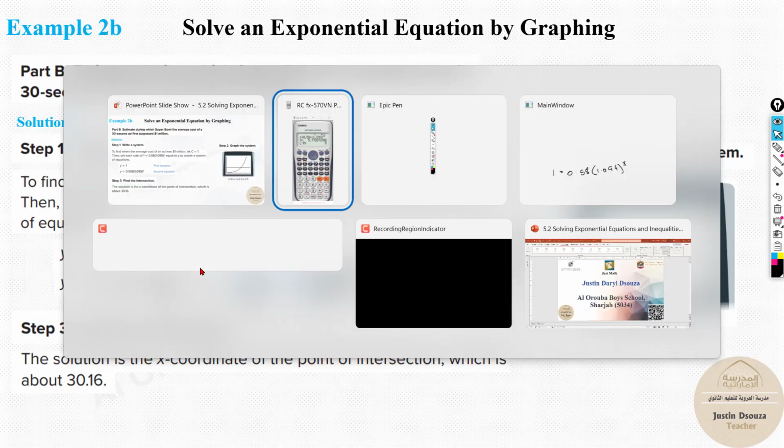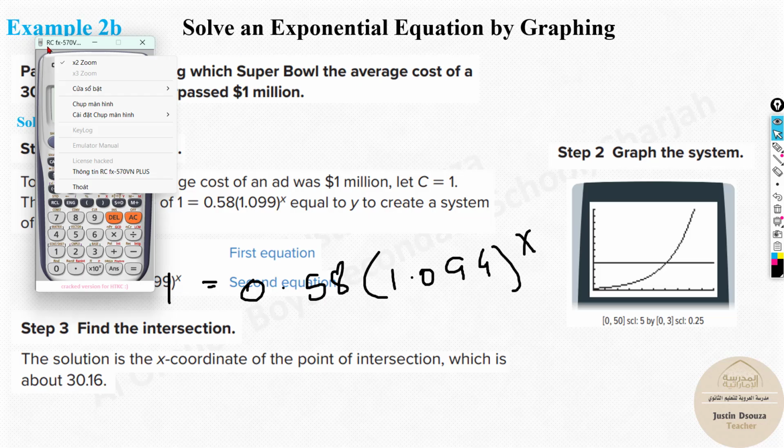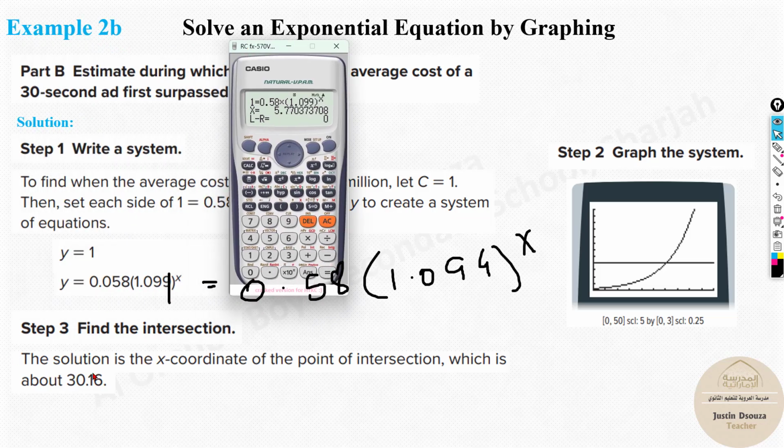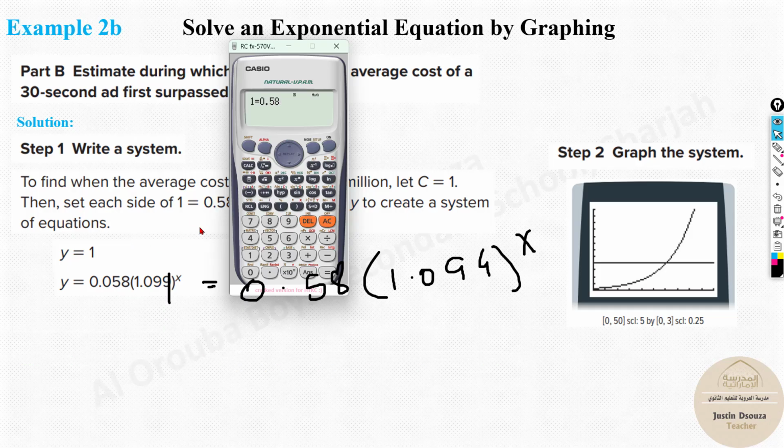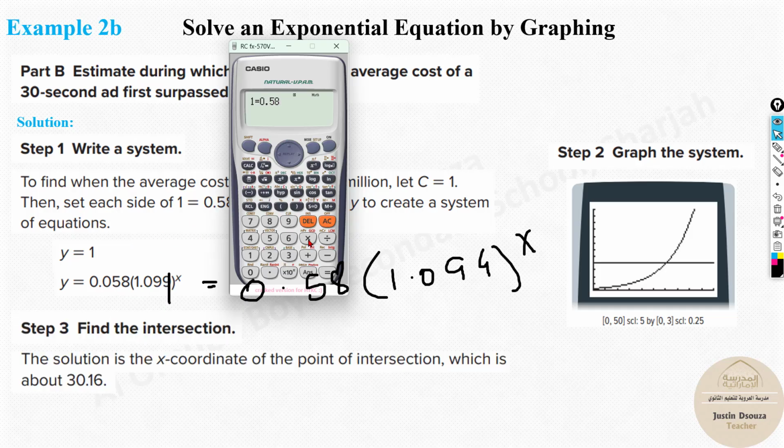Sorry, 1 second. Did I do anything wrong? It is supposed to be 30. Let me just clear the calculator and try. Okay, it is 1 equal to 0.5 multiplied by 1.099 to the power unknown x.